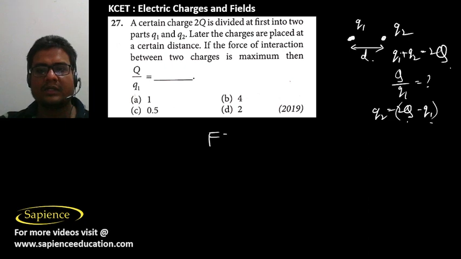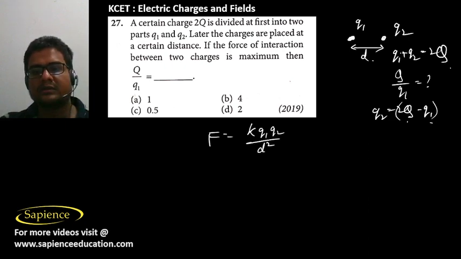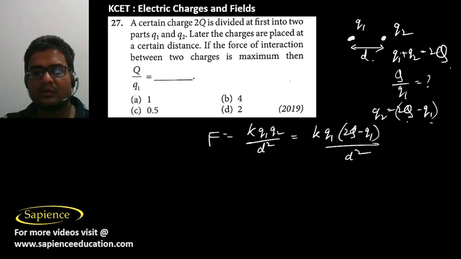Therefore, the force of interaction will be k into q1 into q2 by d square. This will be k into q1 into 2q minus q1. This should be maximized. F is a function of q1.